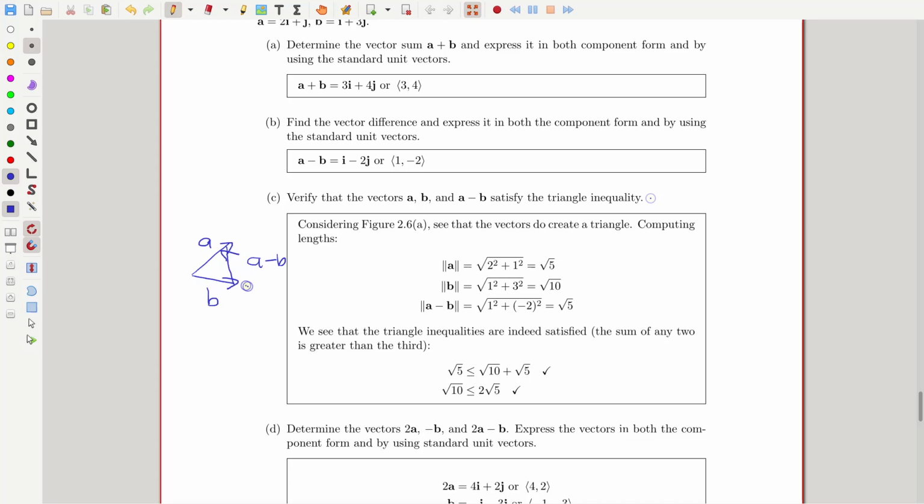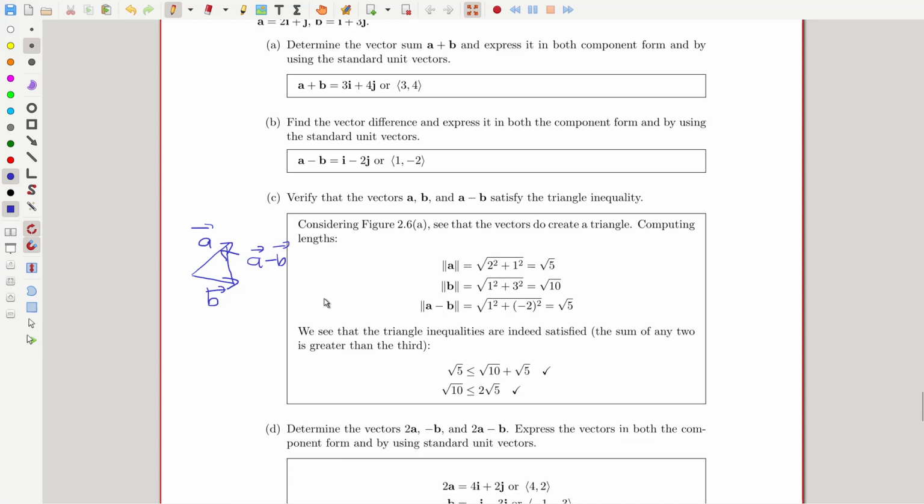So you can see that the net travel is the vector A, or you can see that, like, if you just think about addition in the kind of ordinary sense, if you take A minus B and then add B to it, you get A. So these three quantities do form a triangle, which means that the triangle inequality should be satisfied for these three things.